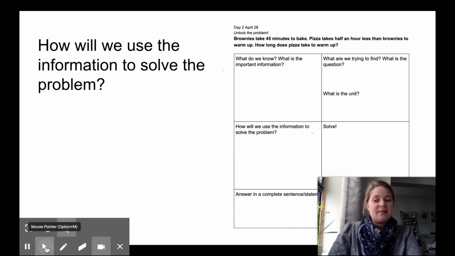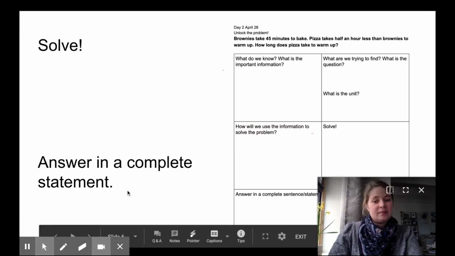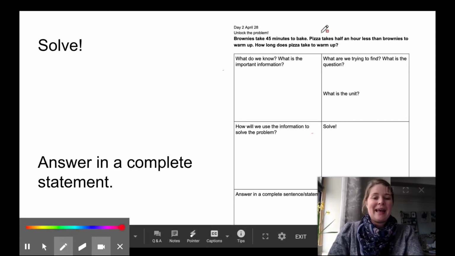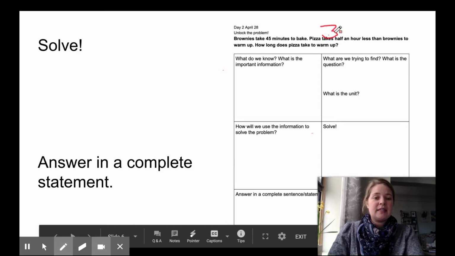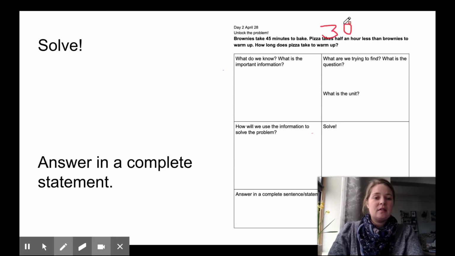Now it's time for us to solve this problem. I know that half an hour is actually 30 minutes because we learned that last week. I'm going to solve by subtraction. My strategy that I'm using is subtraction.